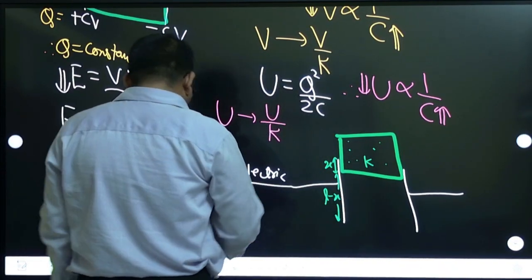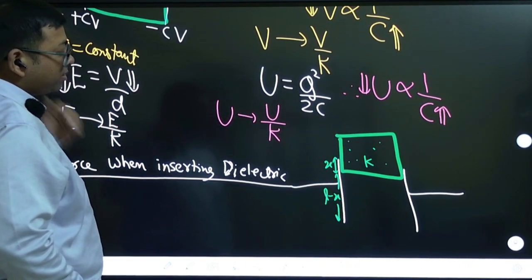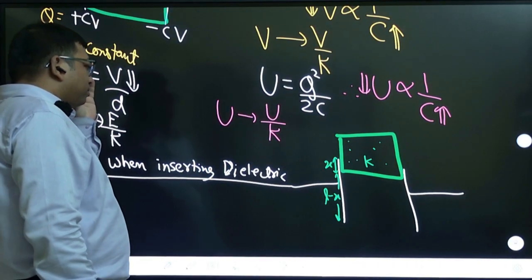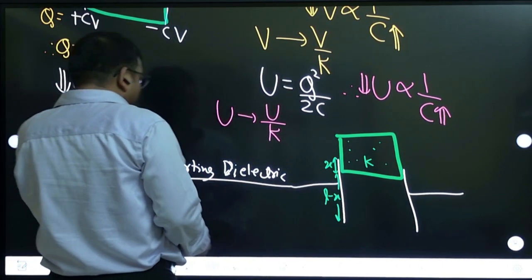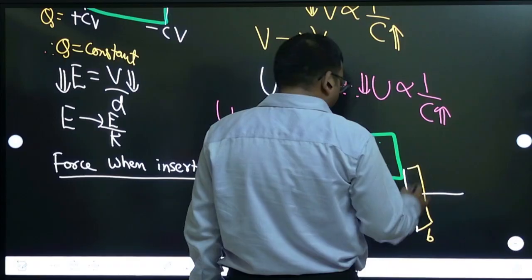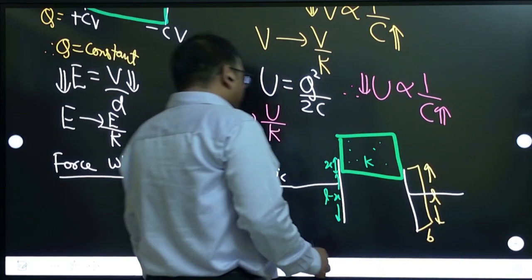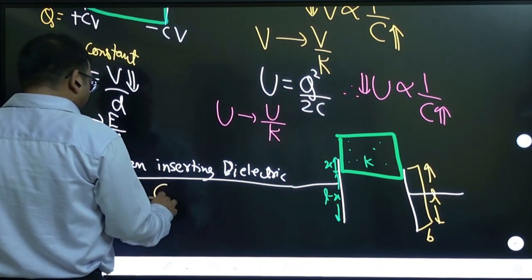So again here also you calculate C equivalent first. I think we have already calculated C equivalent previously. This we have taken as width B and this length we have taken as L. So what was the C equivalent?